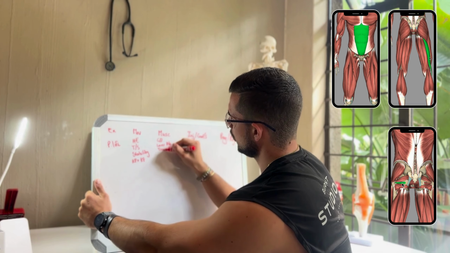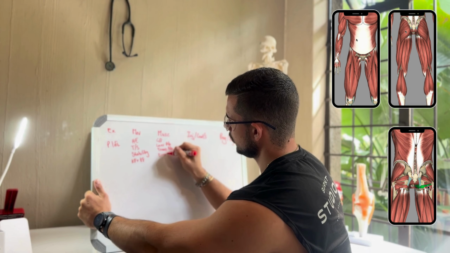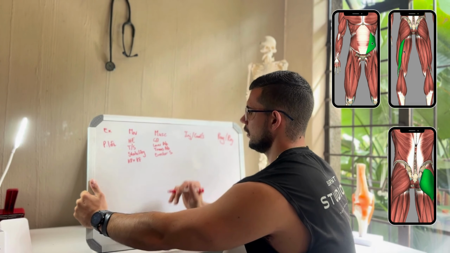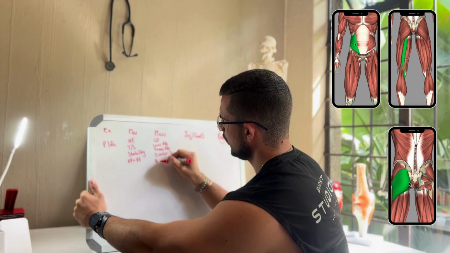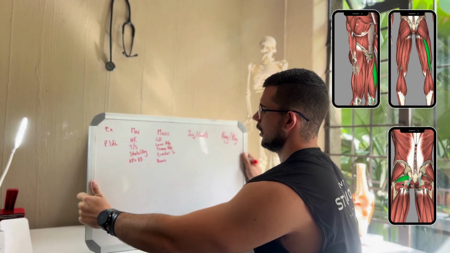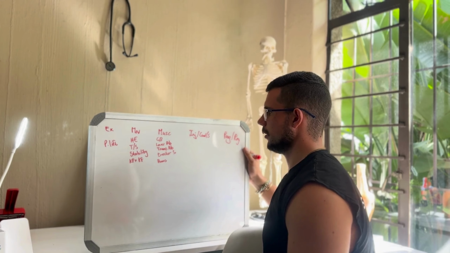Then we're also going to look at, for trunk and spinal stability, your erector spinae muscles in your lower back. Knee flexion extension, you're going to look more at hamstrings than you do at your quads because they have more activation. So those are the movements and those are the muscles.